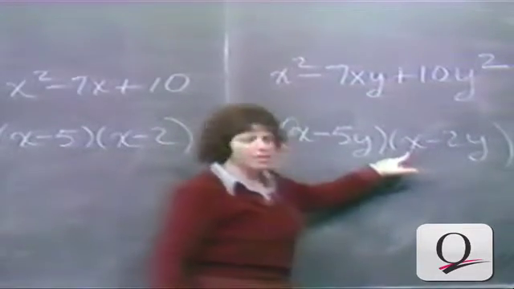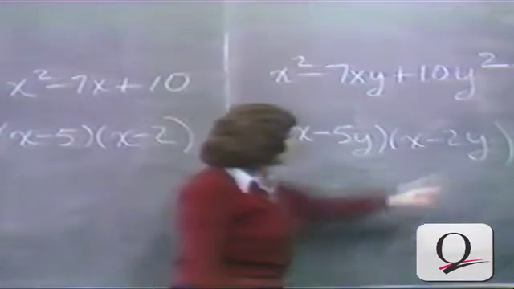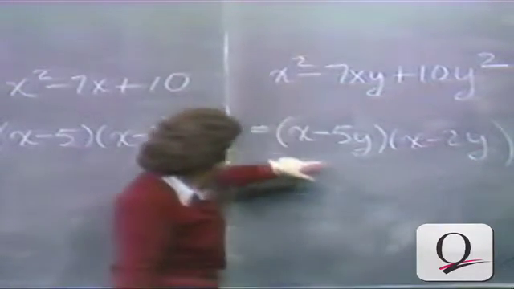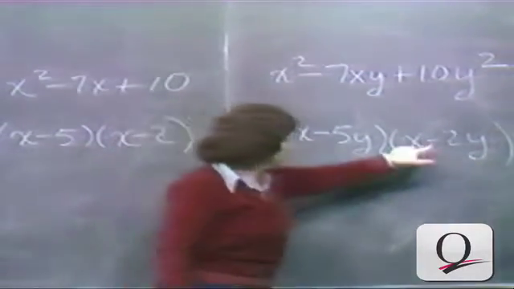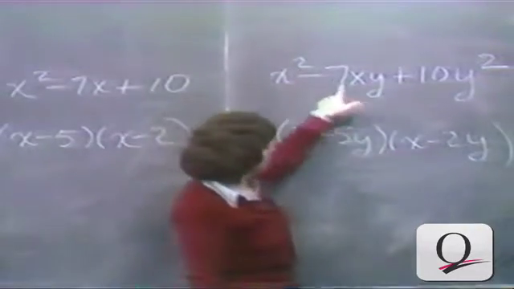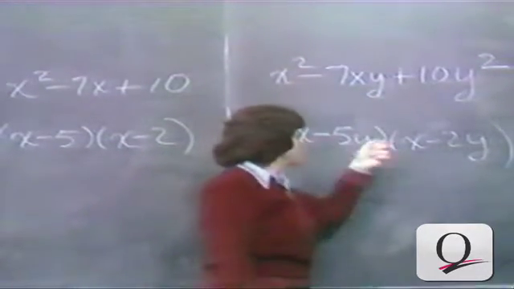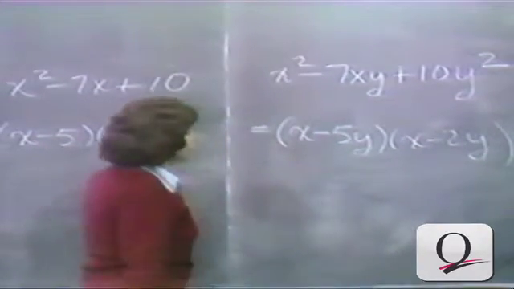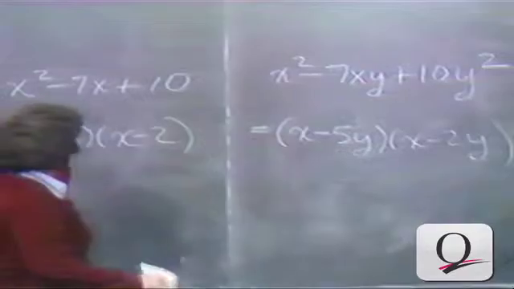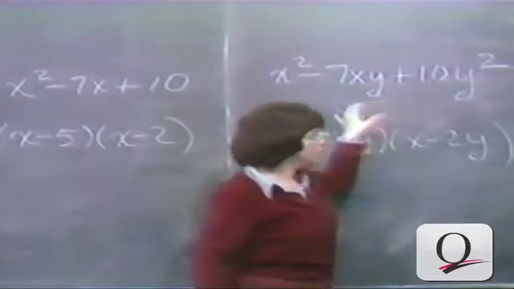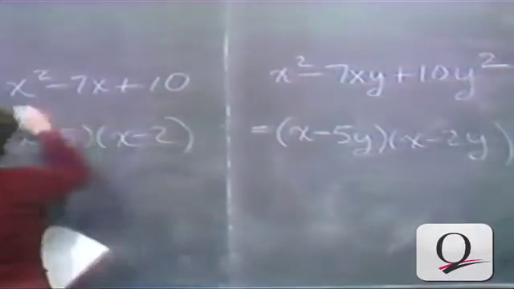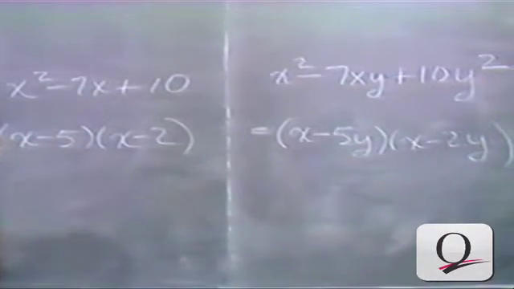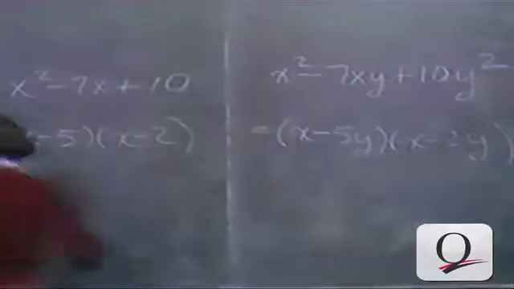We have x times x, x squared, outer minus 2y times x, or minus 2xy, inner minus 5xy, giving you the minus 7xy, and for the last, plus 10y squared. So don't get too upset if you notice another variable coming into play in this form. Think of how you would factor it without the y, and then you can just throw in the extra variable as we need it over there.